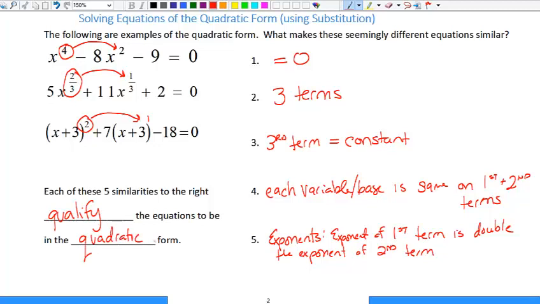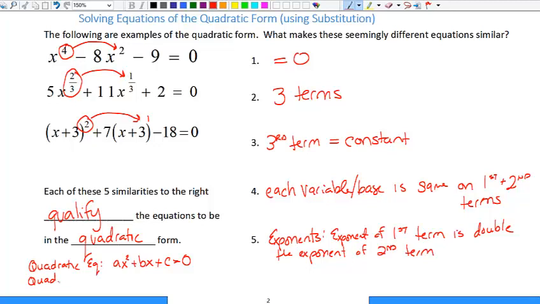Okay, so just to be clear, the quadratic equation is ax squared plus bx plus c equals 0.